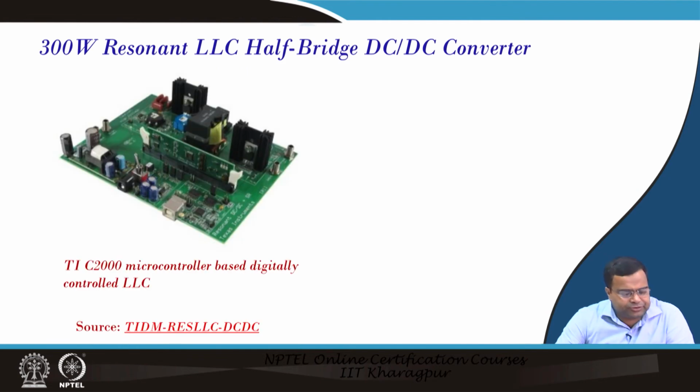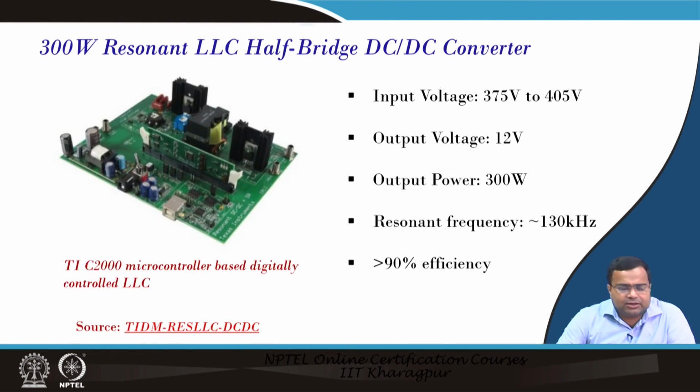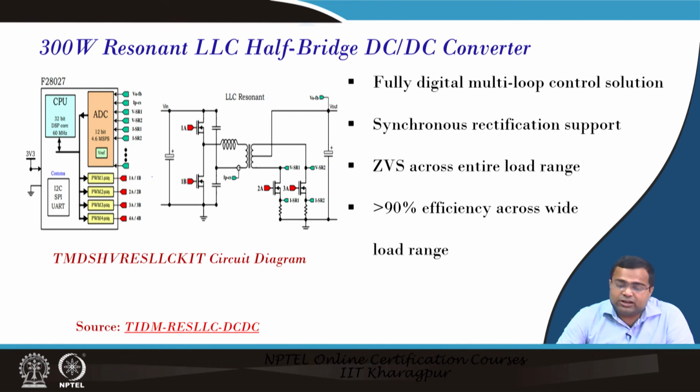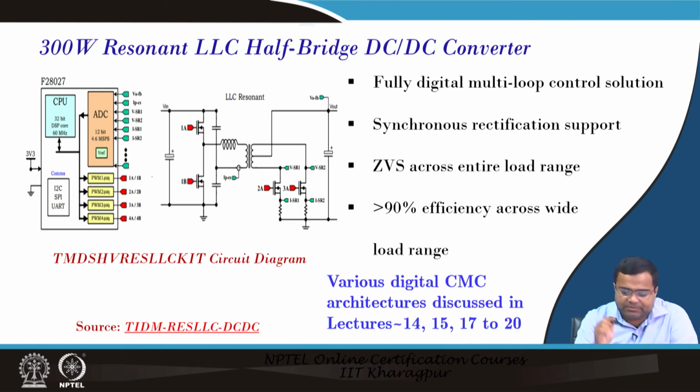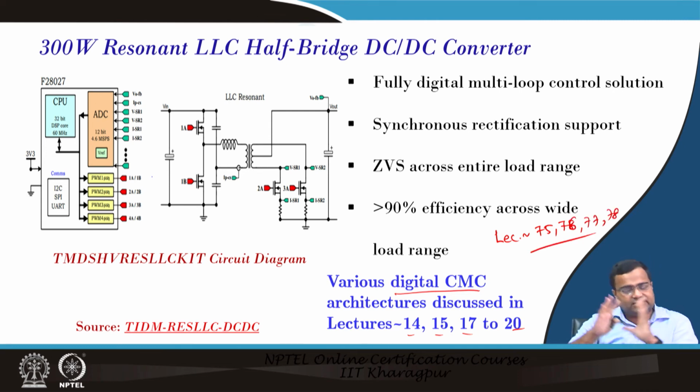Then this is another resonant converter from Texas Instruments, which also uses fully digital multi-loop control, and we have discussed digital current mode control in lecture 14, 15, 17, 20, and then we have also discussed in lectures 75 to 78, 75, 76, 77, 78, all these digital current mode control architectures are discussed.